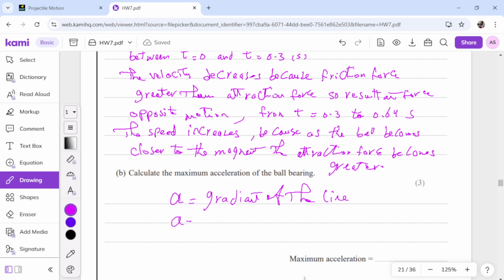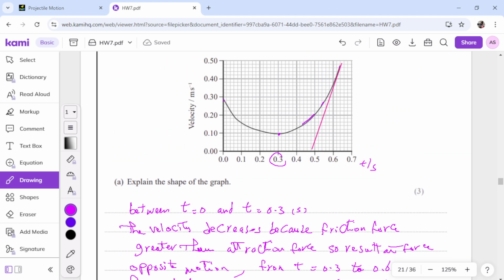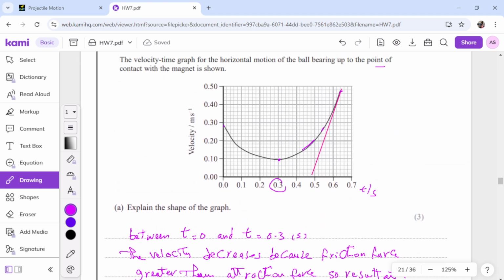Now I will find the gradient, which equals V2 minus V1 over T2 minus T1. This is how to find the gradient. Now I will choose two points as far apart as possible on the tangent which I drew. So I have this point.